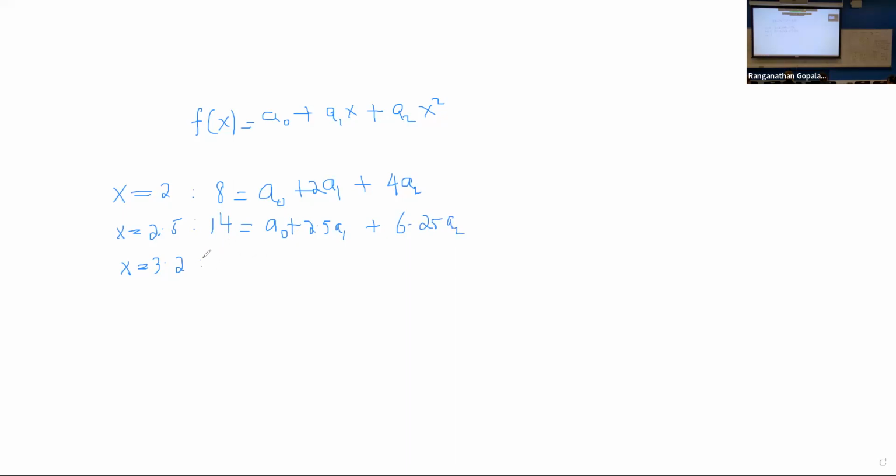And then f of 3.2 is 15. 15 equals a0 plus 3.2 times a1 plus what is 3.2 squared? 10.24. Thank you. 10.24 a2. Now solve for a0, a1, a2.